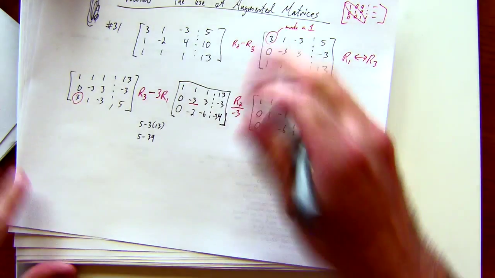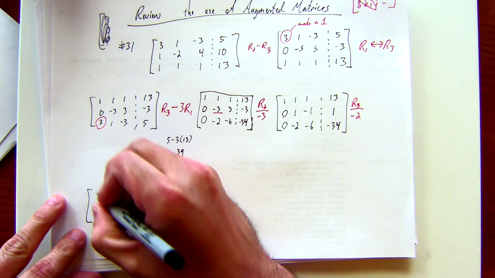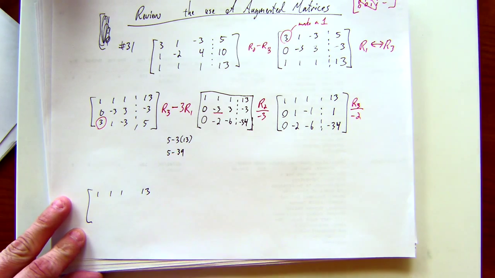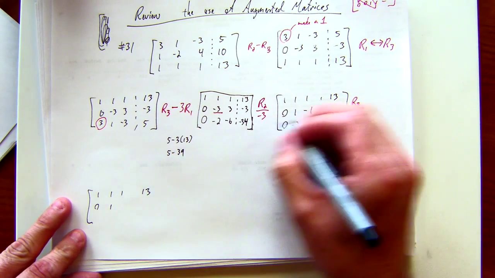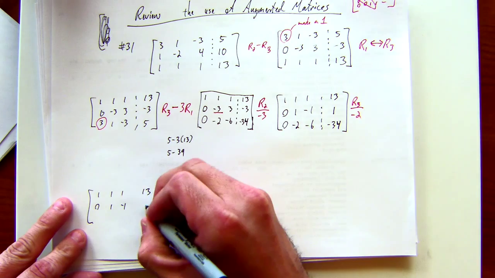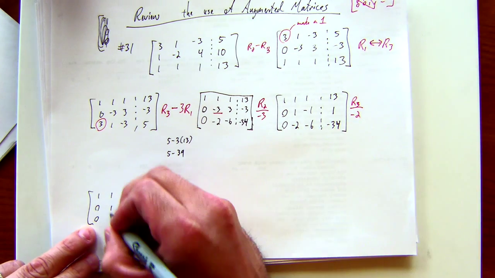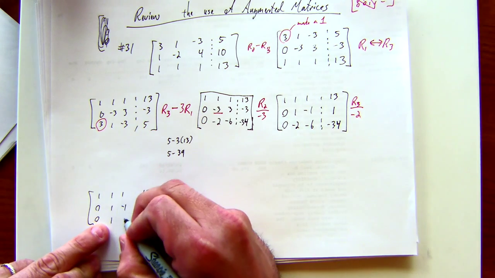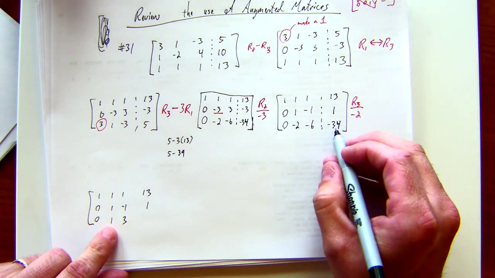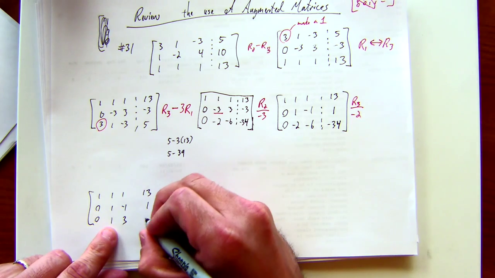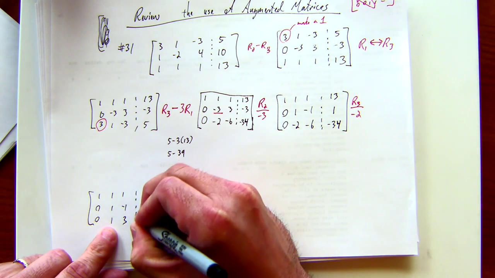And what does that give me? I still have 1, 1, 1, 13. 0, 1, negative 1, 1, 0. This negative 2 divided by negative 2 is a 1. Negative 6 divided by negative 2 is a 3. And then negative 34 divided by negative 2 is 17.